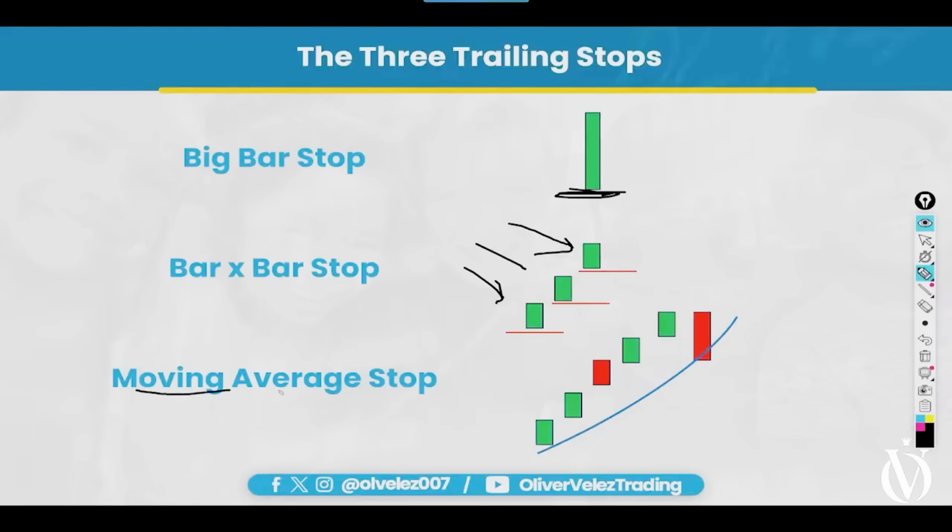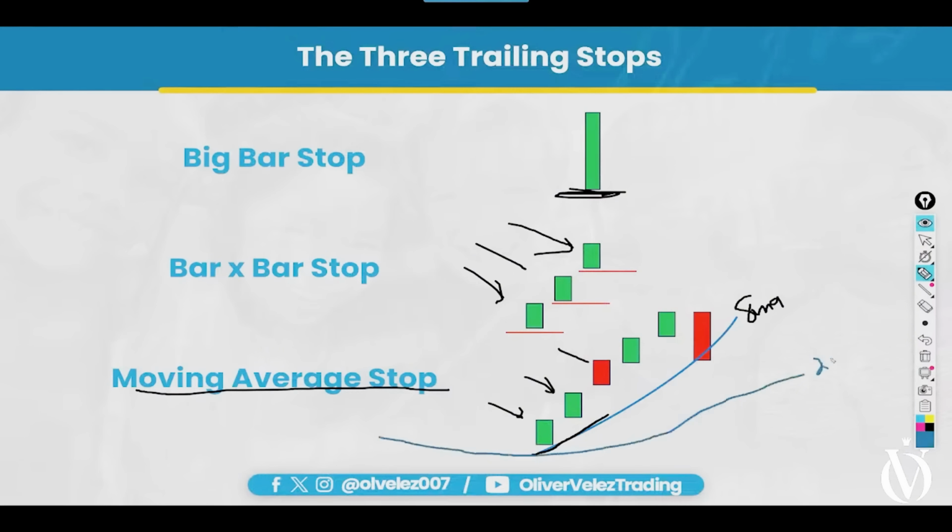And then we teach them the moving average trailing stop, where your stock is running. It's running, it's running, it's running, and you're going to trail the 20 or maybe the 8-period moving average. This is where mostly the 8-period moving average comes in. We trail a lot with the 8 because a lot of times, guys, your stock leaves the 20-period moving average, and it starts accelerating much faster than the 20, and so we need a shorter moving average to go with the trend, and that's usually the 8-period moving average.